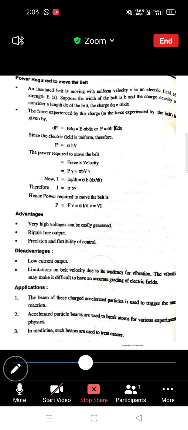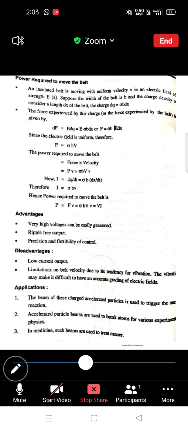But there are also some disadvantages. The main disadvantage is low current output, as we saw earlier in the voltage doubler circuit. There is also a limitation on belt velocity due to its tendency for vibration. The vibration may make it difficult to have accurate grounding of electric fields.